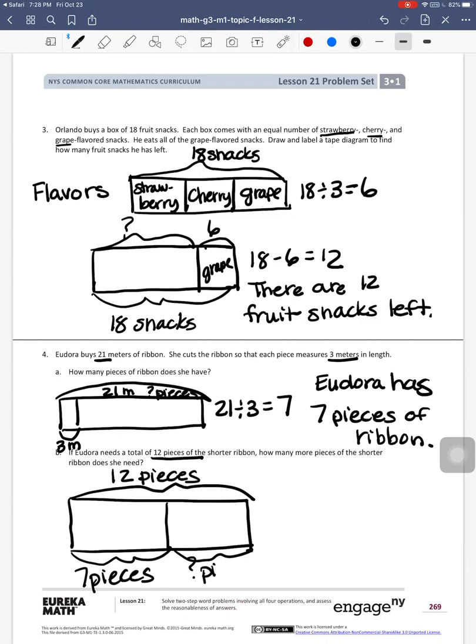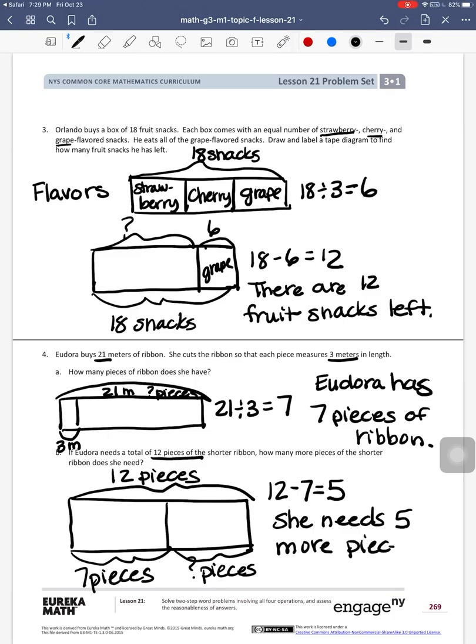We don't know how many pieces these are. So we will figure that out by doing 12 minus that 7 from up top. And we know that's 5. So she needs 5 more pieces of the shorter ribbon. All right, friends. Now press pause while you do your exit ticket, and then we'll check that together.